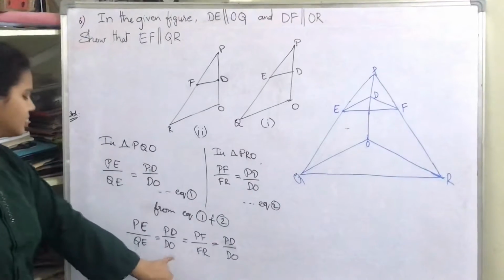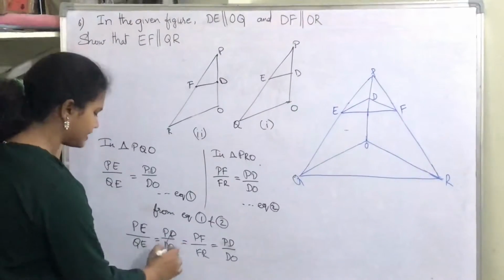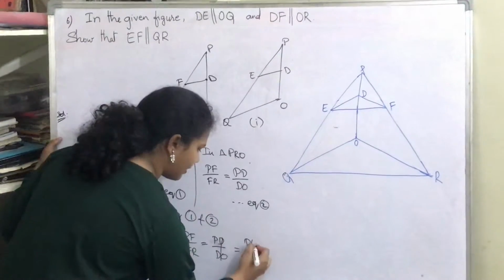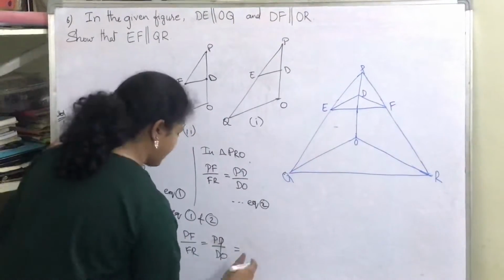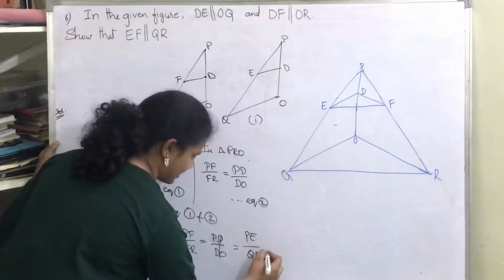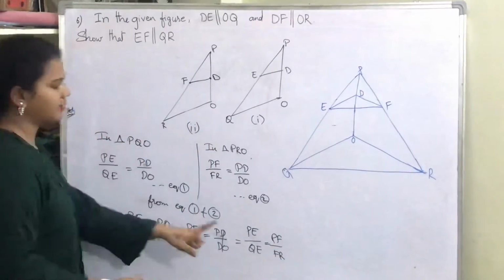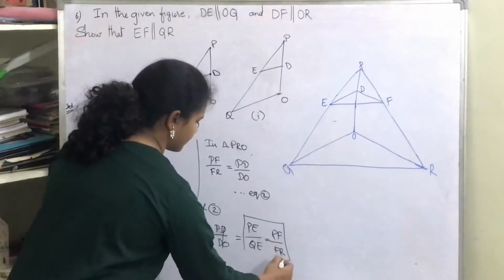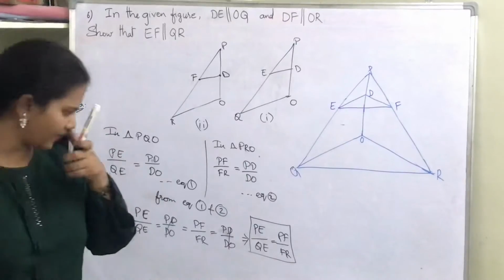So if you observe these equations, in common you have PD by DO equals to PD by DO, where this gets cancelled. So PE by QE equals to PF by FR, right?